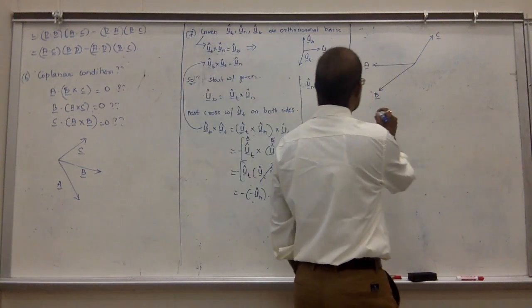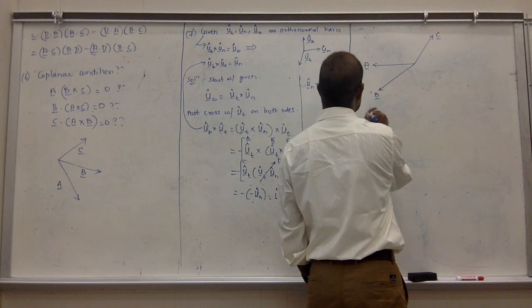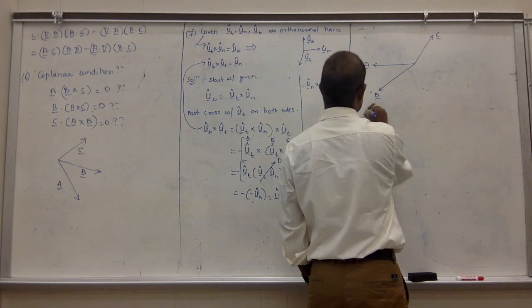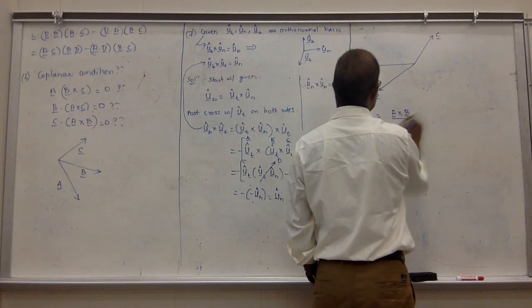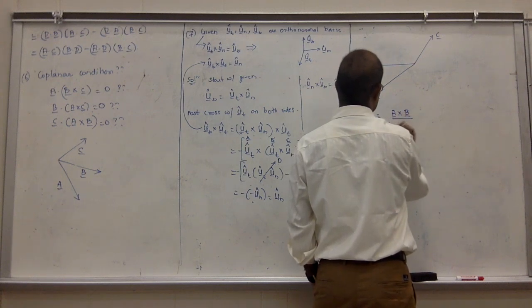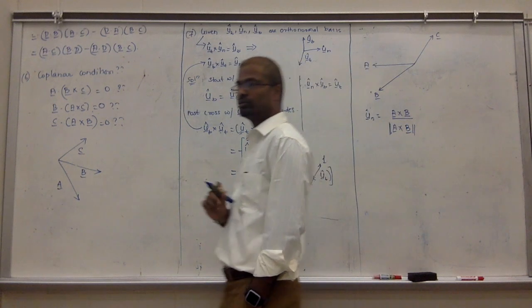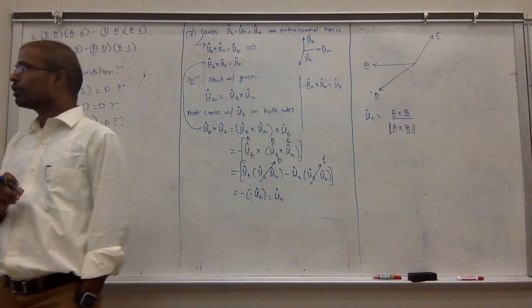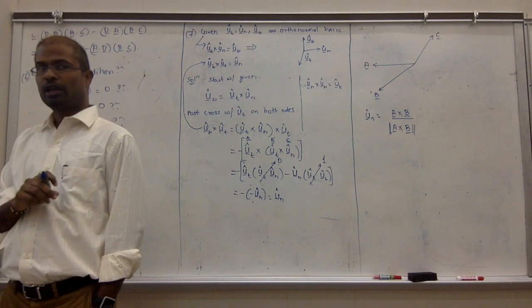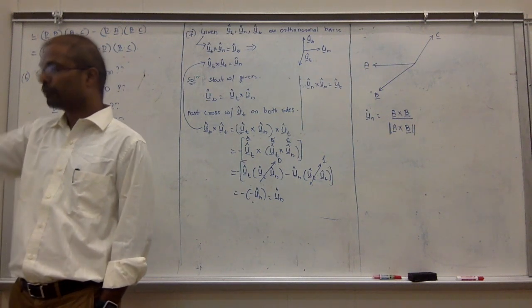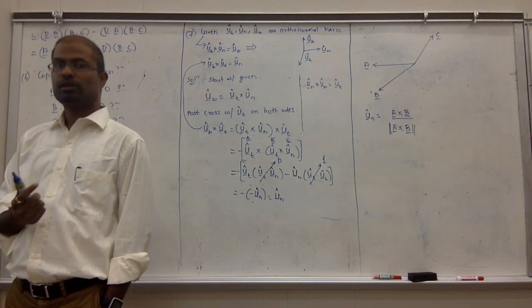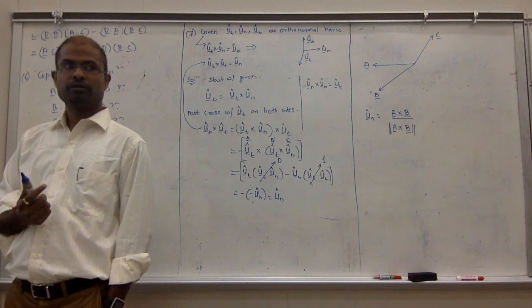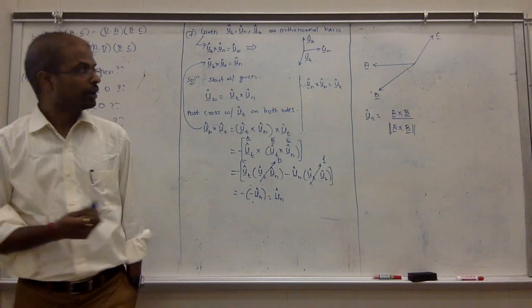If you take A cross B, what is U_N? U_N is simply A cross B divided by the magnitude of A cross B. A cross B has to be a vector perpendicular to the plane of A and B. Why do we do this?